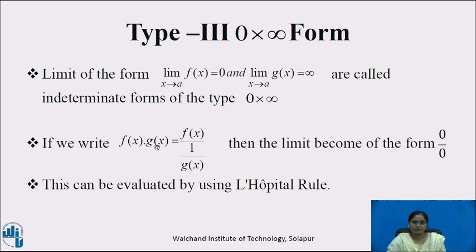That is, g of x, when you apply the limit, you are getting infinity. Once you flip it, you are getting 1 upon g of x, means 1 upon infinity. 1 upon infinity gives you 0. Hence, 0 into infinity form resulted into 0 by 0 form, which can be solved by using L'Hospital rule.